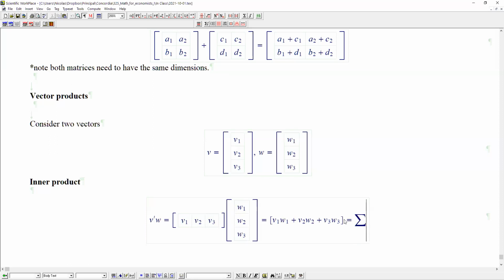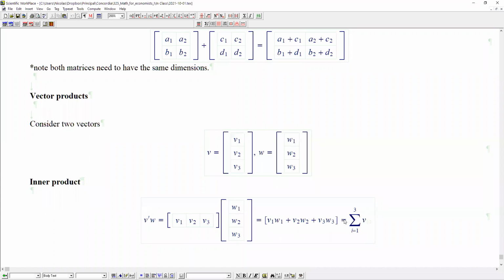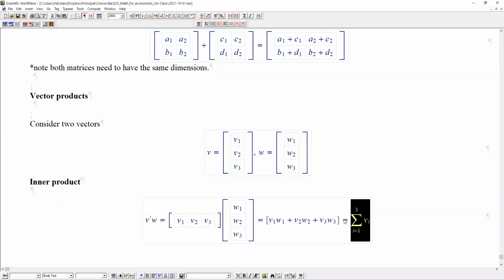And why did I show you sums? Well, because they are super helpful for matrices. So it's the sum for i equals 1 to 3 of what? Somebody has an idea? It would be the sum of Vi times the sum of the same thing, but Wi.